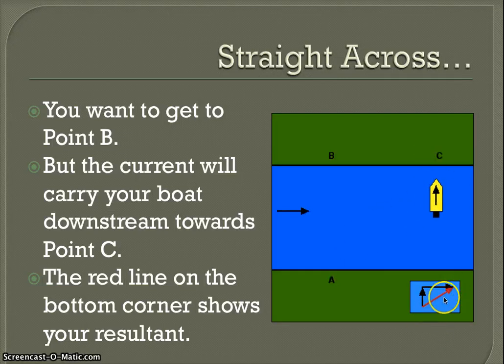The red line in the bottom corner shows your resultant, because as your boat sails towards point B, the river current pushes you downstream, so a person standing on the shoreline will see your boat going this way, not getting to where you want to go. So what will you do?